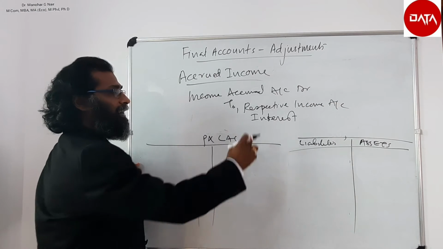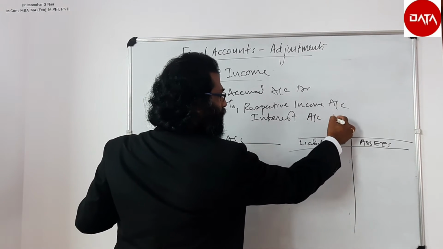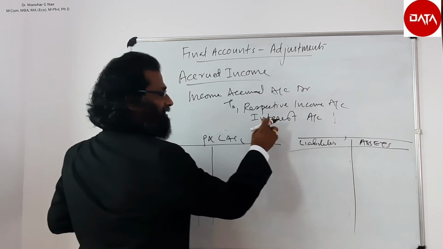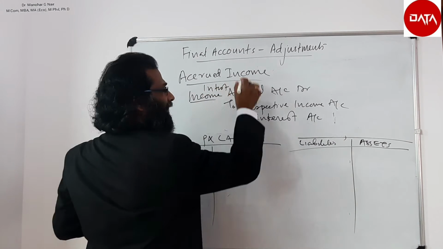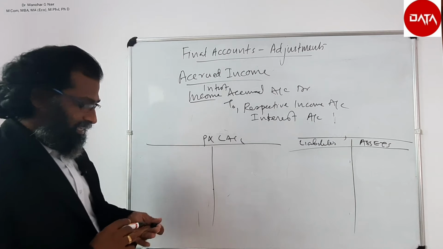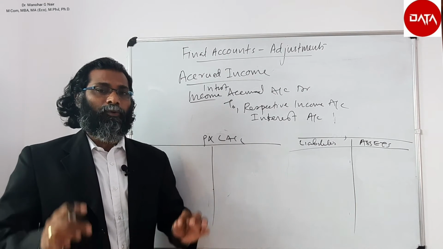Say for example, interest due. So the interest account is to be credited since it is an income, and the interest accrued account has to be debited. So the journal entry is income accrued account debit to respective income account.